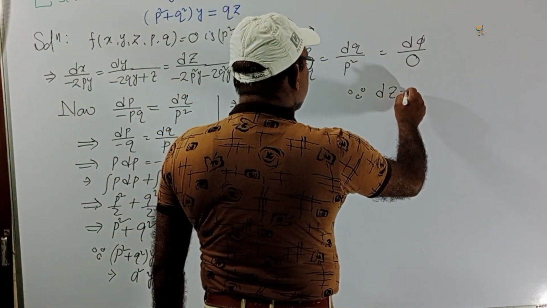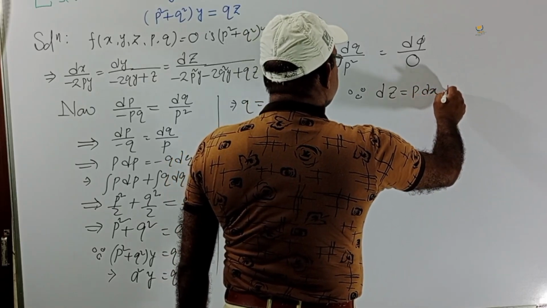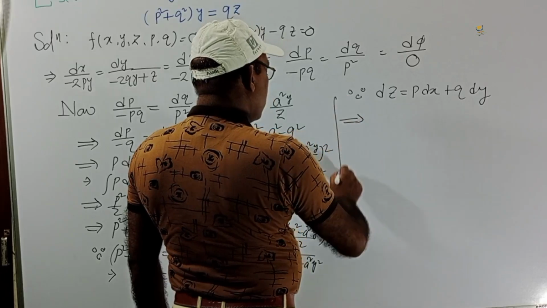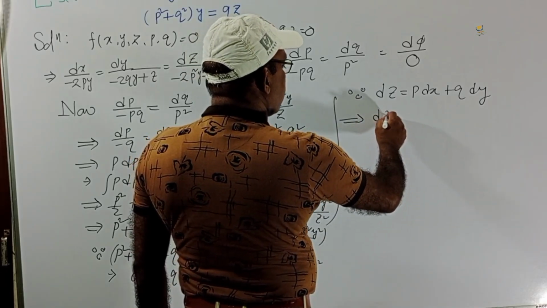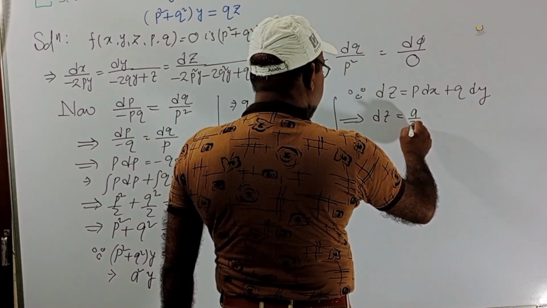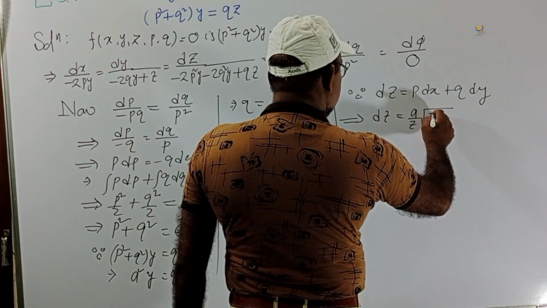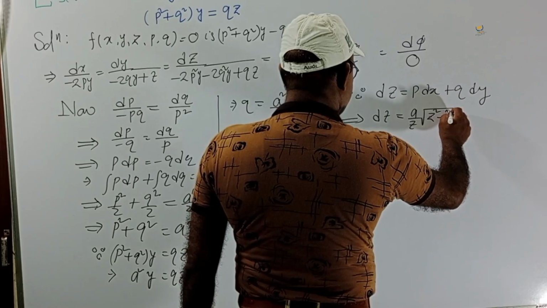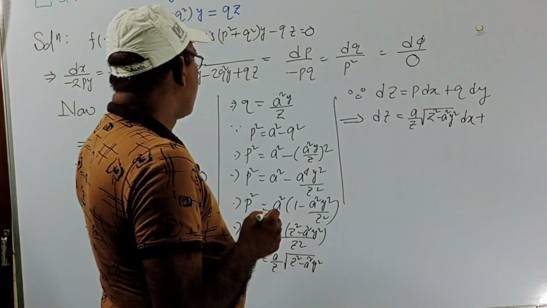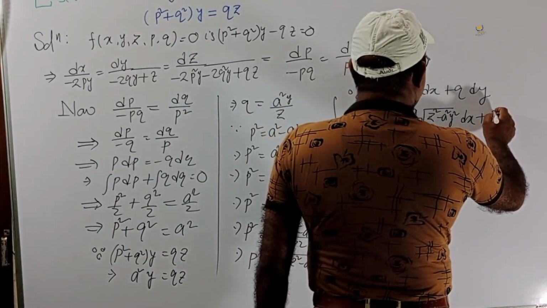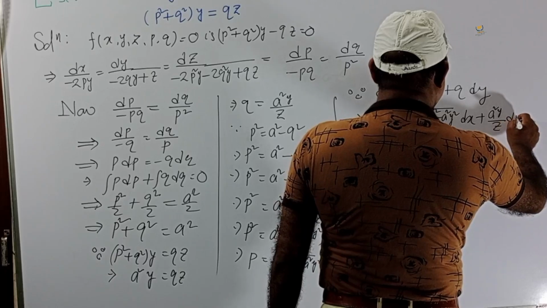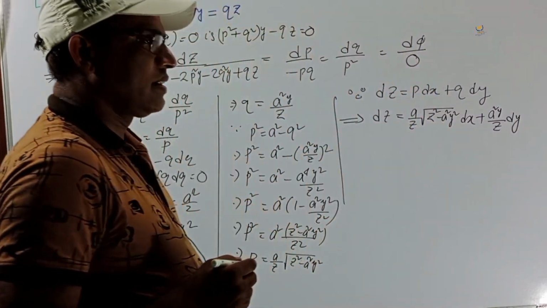Since dz equal to p dx plus q dy, and putting the values of p and q, we get dz equal to a by z root over z square minus a square y square dx, plus q means a square y by z dy, we get this.